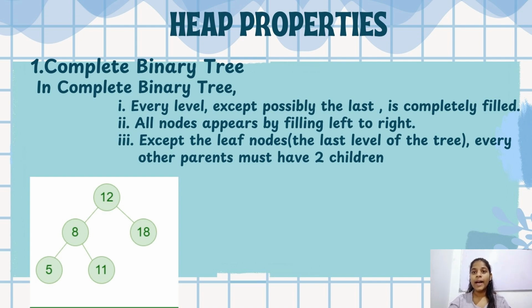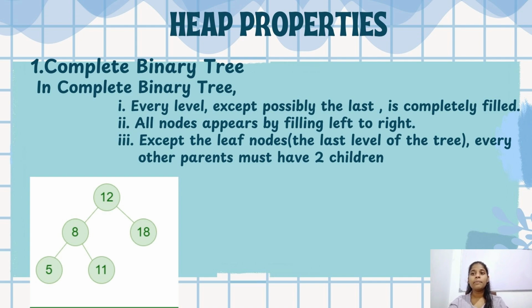In a complete binary tree, there are three things that we have to look at. First, every level except possibly the last is completely filled. Second, all nodes appear by filling left to right. Third, except the leaf nodes, every other parent must have two children.